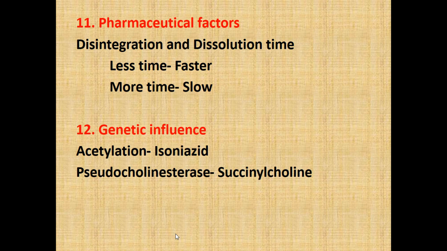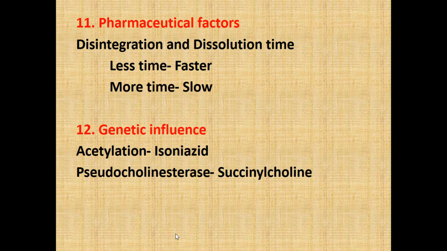In a normal person who has a normal acetylation process, if you give isoniazid, there won't be any problem. But some people have slow acetylation or fast acetylation. If you give isoniazid to fast acetylators, it will metabolize fast, and it doesn't have time to absorb. Then there will be therapeutic failure.